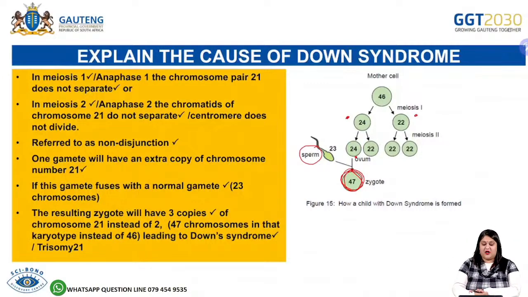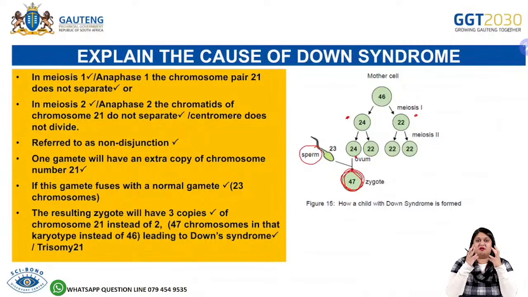So let's look at the answer. After that, we have a gamete, as I explained, with one extra chromosome. It's got an extra copy of chromosome pair 21, so now there are 3 there in the individual. But remember that the non-disjunction is going to occur during meiosis.